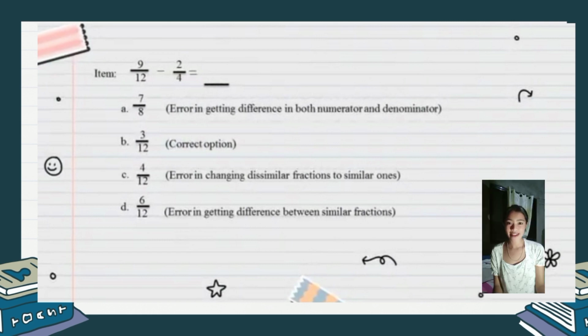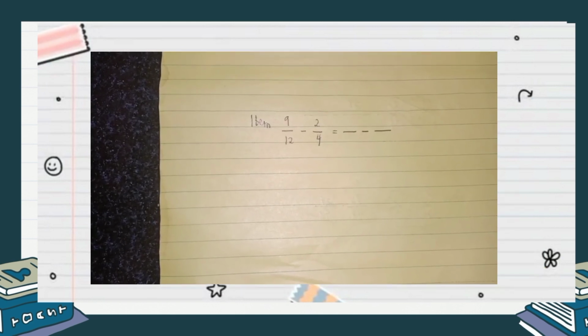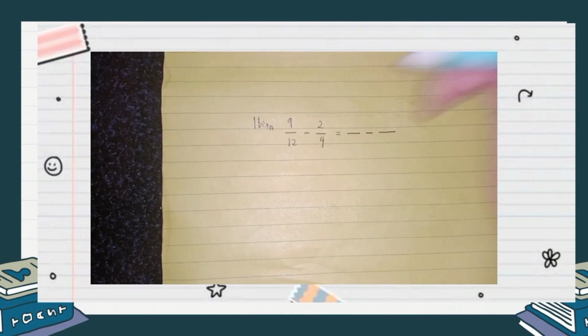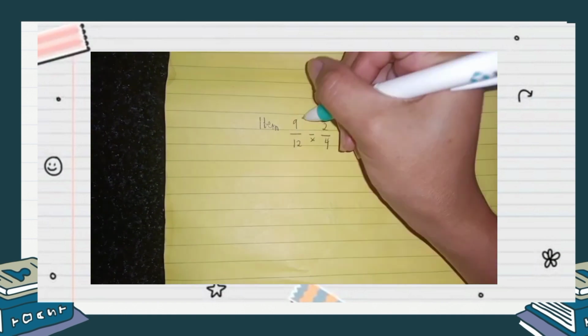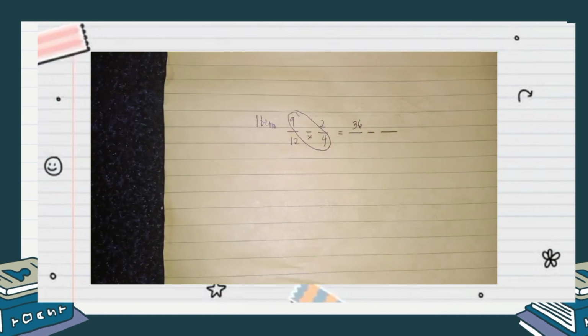So how do we get the correct option? We have here the item 9 over 12 minus 2 over 4. To get the numerator of the first fraction, we multiply 9 times 4, which is equal to 36.